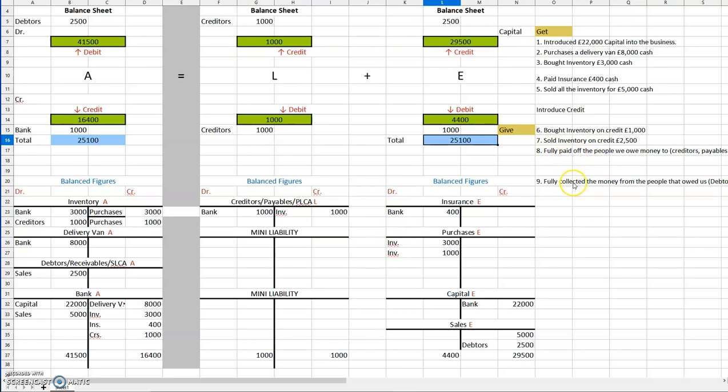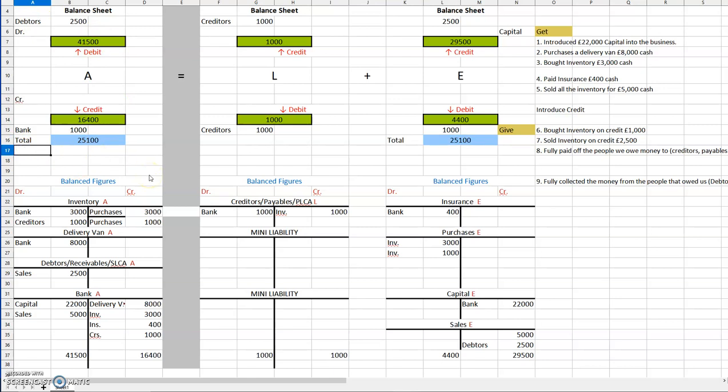And then number 9, last one, we fully collected the money from the people that owed us. And it's a little bit out of screen there, but that's debtors, receivables, or sales ledger control account. Well, in fact, over here, you can see it. Now, when this happens, what in fact happens is your debtors go down.